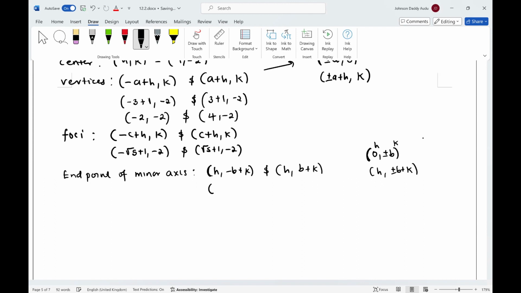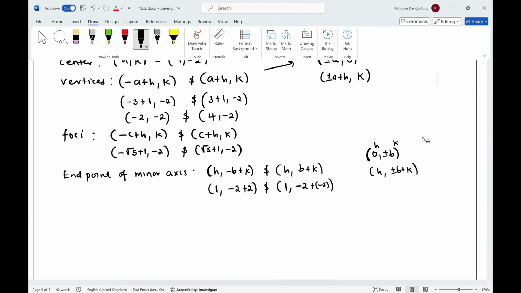So what is h? This will just be 1. And if you do minus b plus k, should give us minus 4. So what is minus b? If you remember, b is 2, right? So you have minus 2 plus minus 2, where k is minus 2.